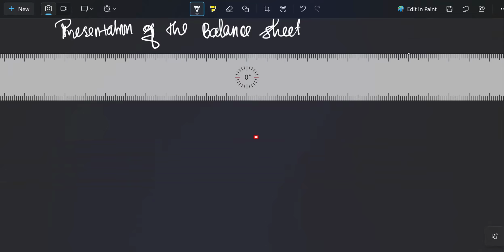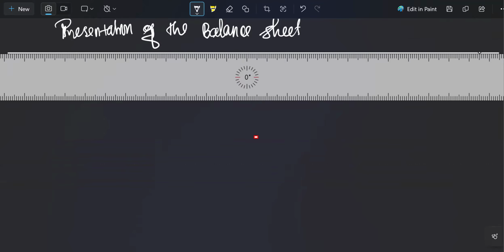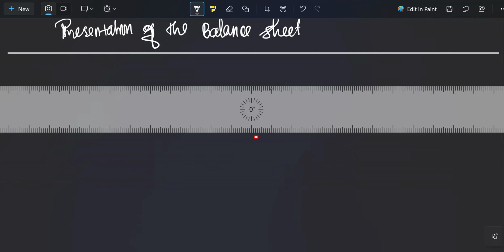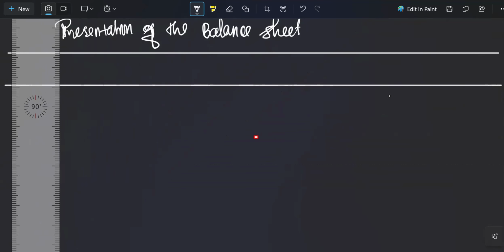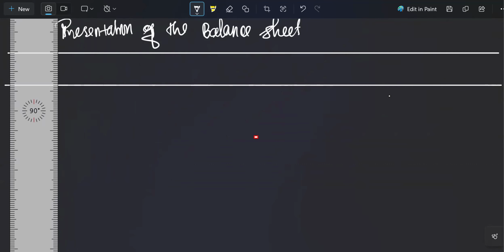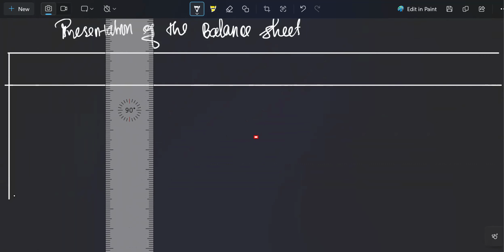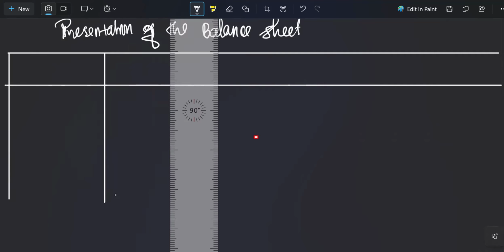We have these balance sheets before us that we're presenting. We have the totals, and we have assets. Let's put assets, and we put the amounts.